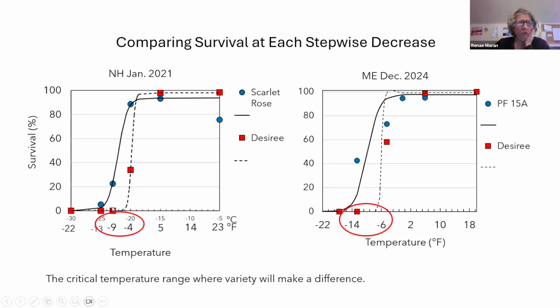But within the critical range of -4 to -13, the differences between the varieties is pretty obvious. And this is one of the ways I use to determine whether the variety is hardy or tender. And then this graph shows the recent results from Maine with PF15A, which was the hardiest this year, and Desiree, again, which was one of the more tender ones.